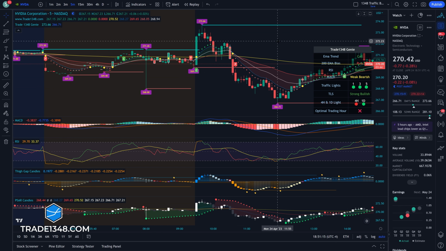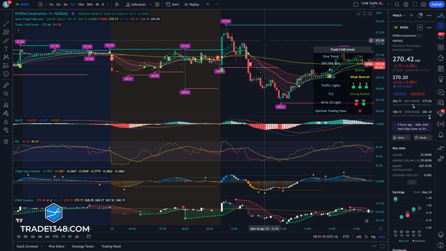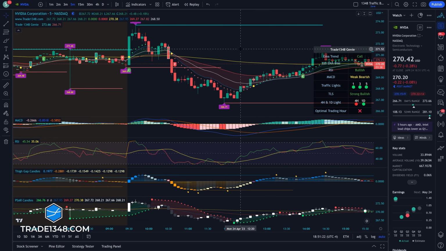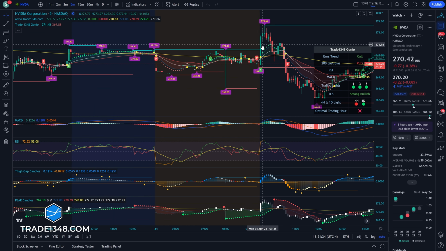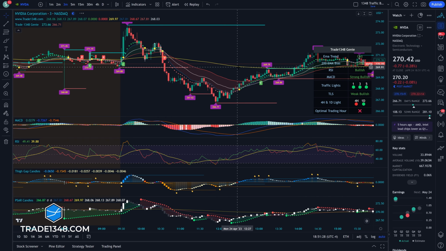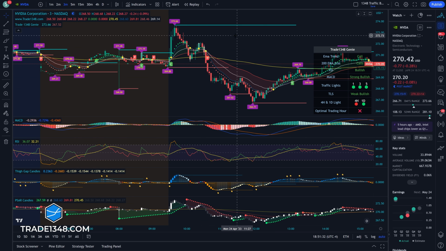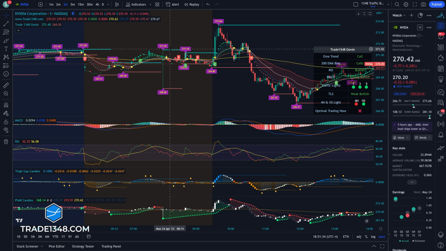So let's look at NVIDIA here. And this one's actually kind of fun. And why is that? Well, in Masterclass, we used the 3 minute before market opens to plot our highs and lows, right? So in this example, with NVIDIA, we plotted the high of 271.45.